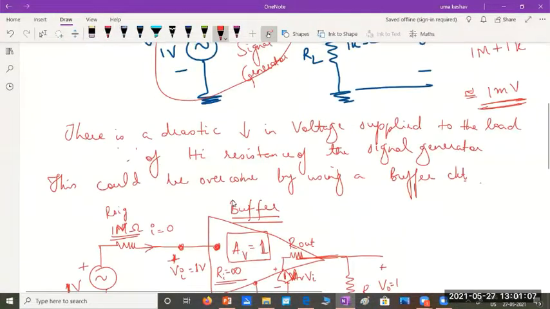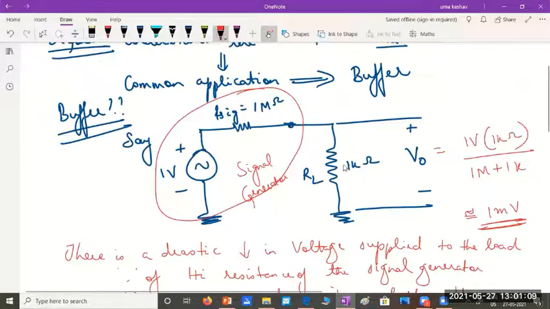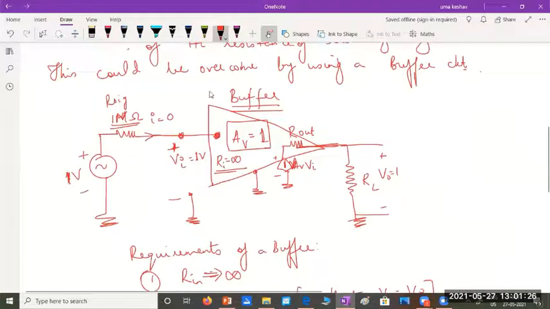And we saw what should happen in a buffer. The loading effect should be avoided. So even if I want to connect a signal generator to a 1 kilo ohm resistor and get the input voltage of 1 volt the same across the load resistor, then I will insert a buffer in between the signal generator and the load. So I'm just including a buffer.